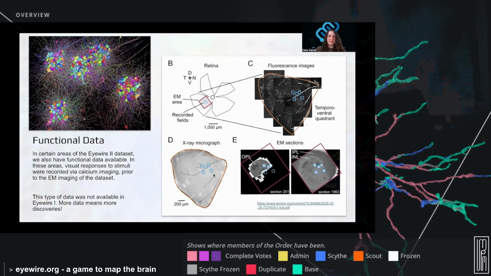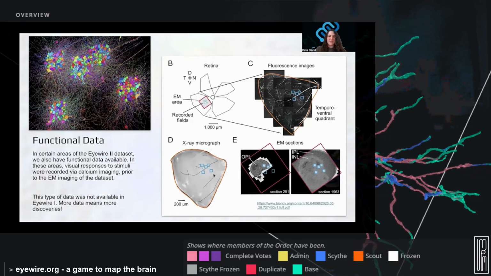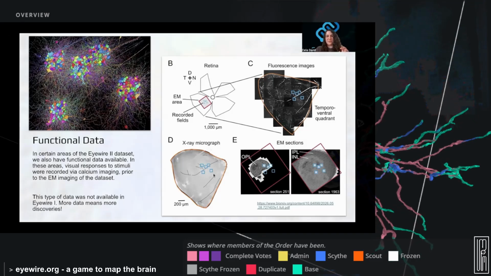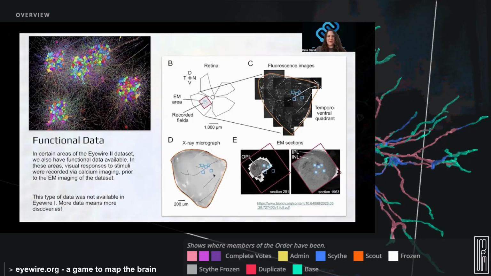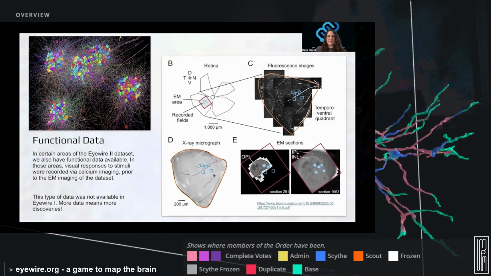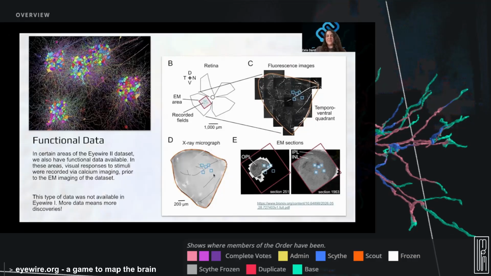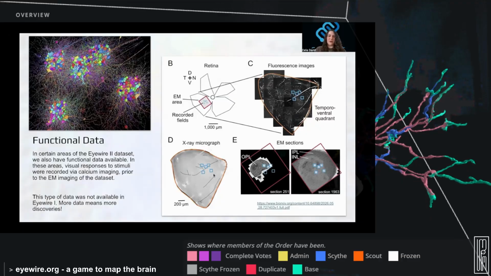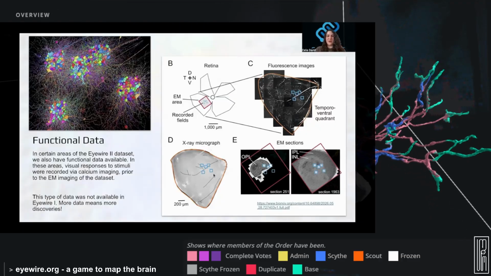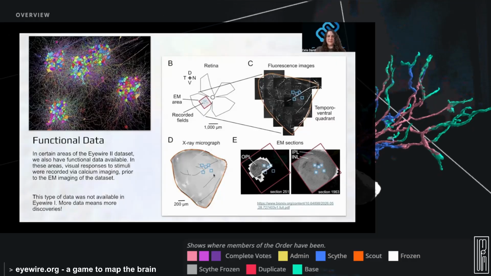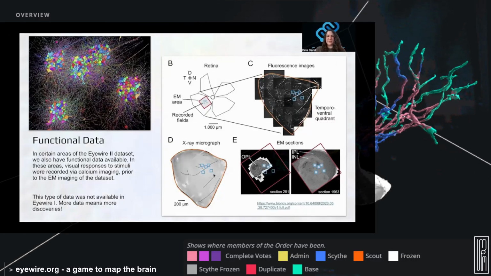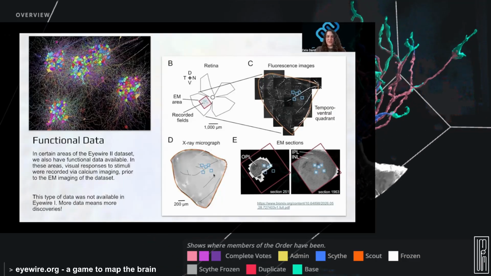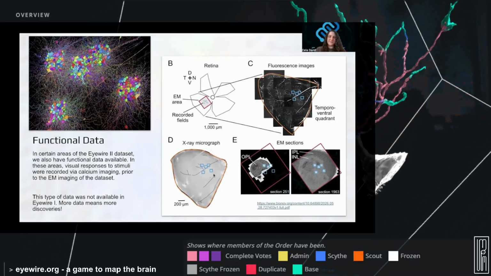Those are areas of the data set where visual stimuli were recorded prior to the EM imaging of the data set. So from these specific areas, we can learn more about the functioning of these cells than just having the static data. So that's another cool thing about EyeWire 2.